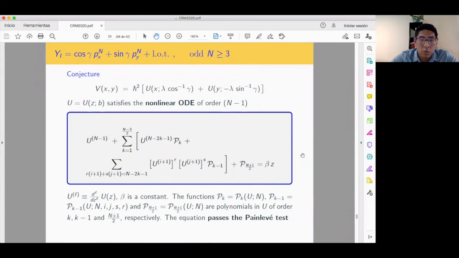In the cases in which we were able to solve the equations, we found they can be written in terms of the known Painlevé transcendents, most of them, but some of them cannot. So we hope that they will define new higher order Painlevé transcendents. This is everything about the first family, the family which is described by this higher order integral of motion.